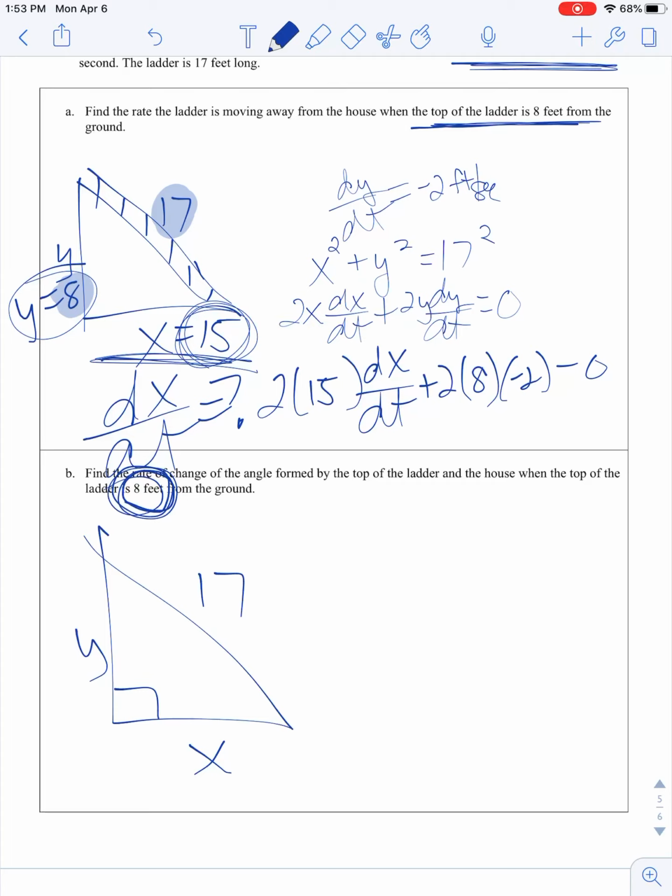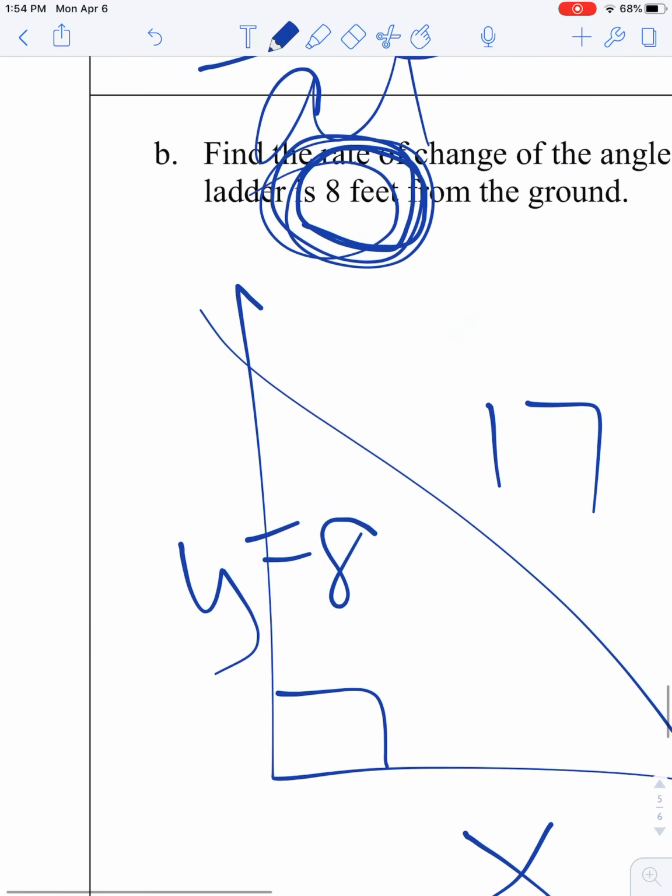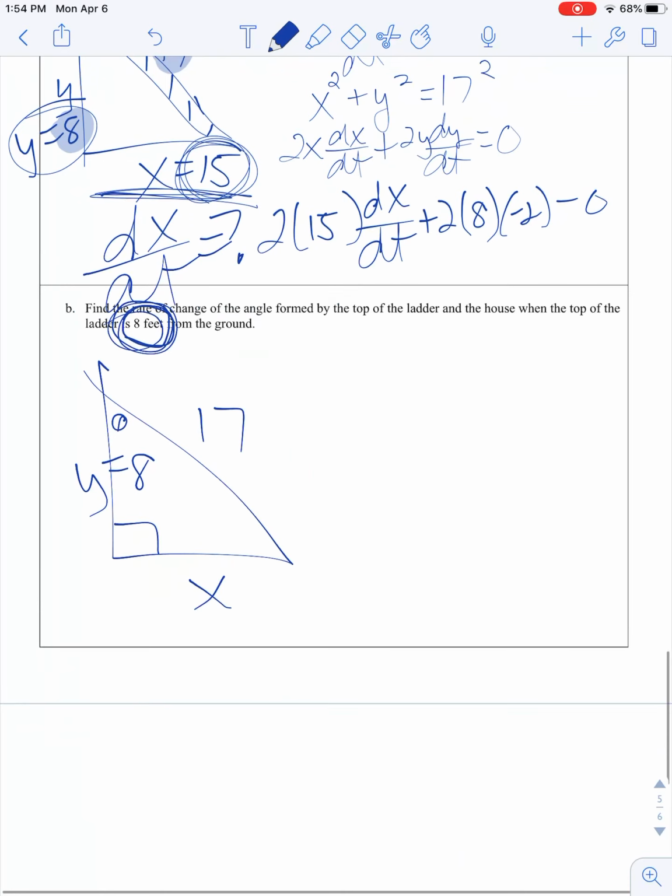The top of the ladder is 8 feet from, oh no, it's still this. Still 8, okay. What are we finding? Rate of change of the angle formed by the top of the ladder and the house. So we're trying to find the change in that angle. Okay, so d theta/dt is what we're finding. I'm going to put a question mark.